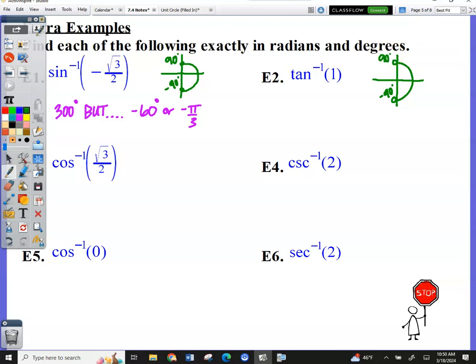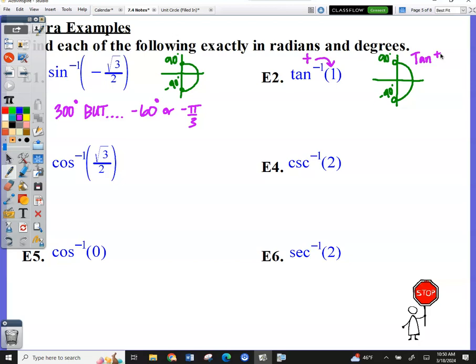So number 2 says find tan inverse of 1. Well, I'm going to draw an arrow and draw a plus sign. If it's positive, and keeping in mind where tangent's range is allowed to be pulled from, which quadrant am I actually in? Quadrant 1. Tan is positive here.